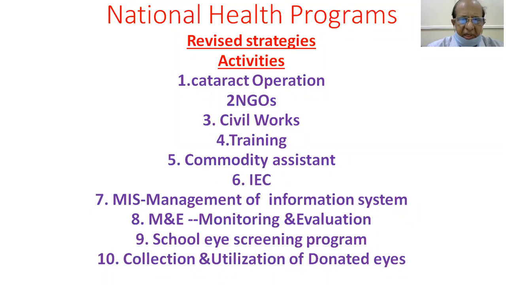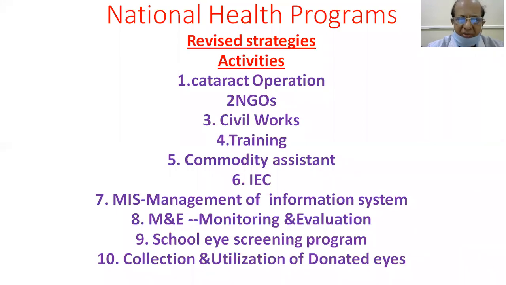IEC, that is information, education, communication, for awareness, and also campaigns and management of information system. Whatever the system is there, it should be managed appropriately so that the targeted people will benefit. This is monitoring and evaluation: monitor day-to-day activities and evaluate whether they are appropriate or not.